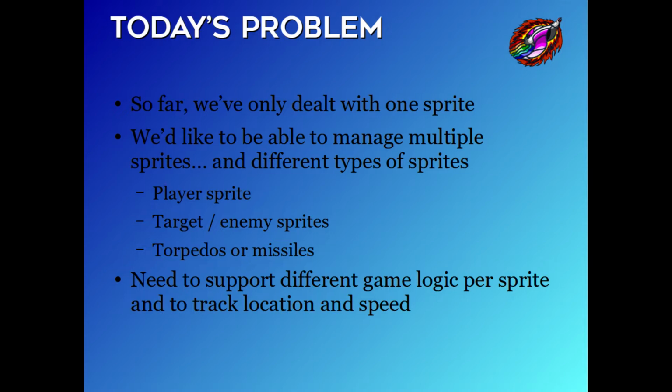Each of these things will need to behave in a different manner. So you want to have different game logic for those sprites. But then you also need to be able to track the position and direction of motion for all of those sprites individually. And so that's what we're going to try to solve today in the game, and that's what we're going to try to solve with records and pointers.